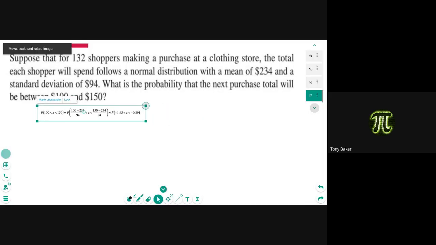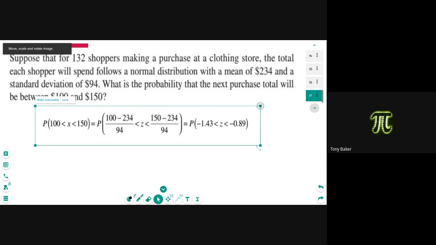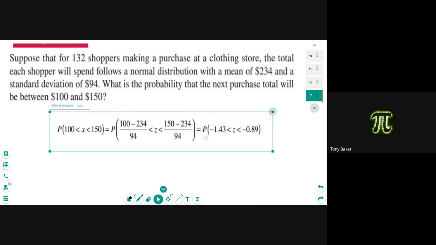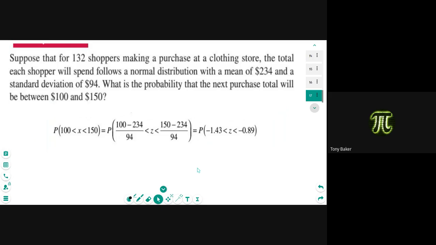So step one, find your z-score. We're looking at the range between 100 and 150, so X will be 100 and X will be 150.